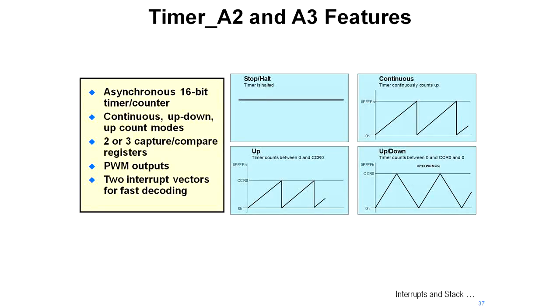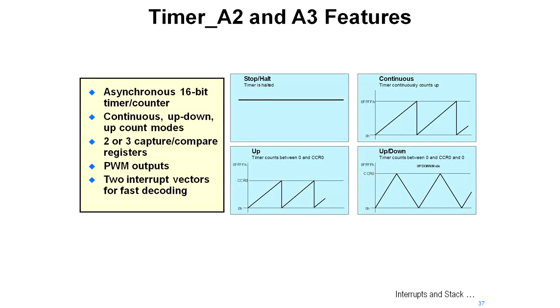That's of limited help to you, as the amount of time that it takes to run that isn't very selectable. Now, in the up mode shown there in the lower left, the timer counts between 0 and the value in the capture compare register 0. So you can pick the time at which the interrupts are going to occur.